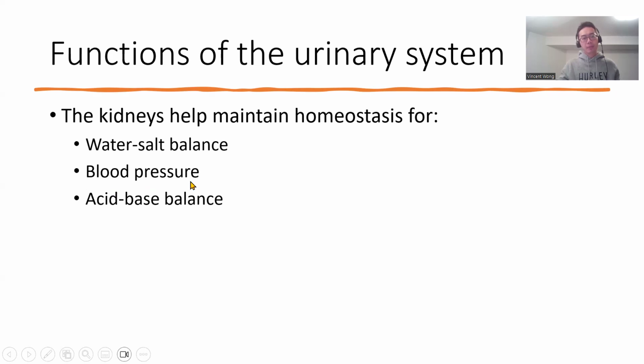And there is also blood pressure regulation, as well as acid-base balance. So we're not going to be able to get to these things until much later in the lesson, probably not even today. Today's focus is just to learn the anatomy of the kidneys.